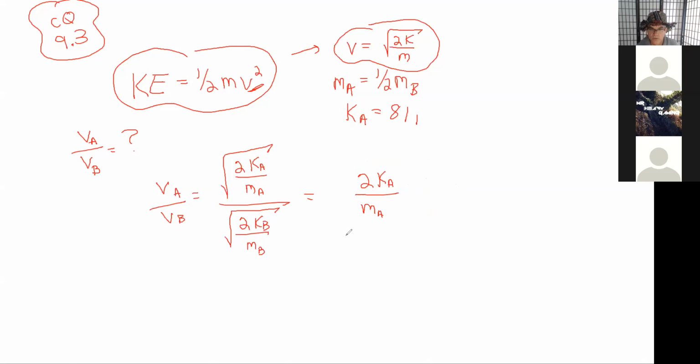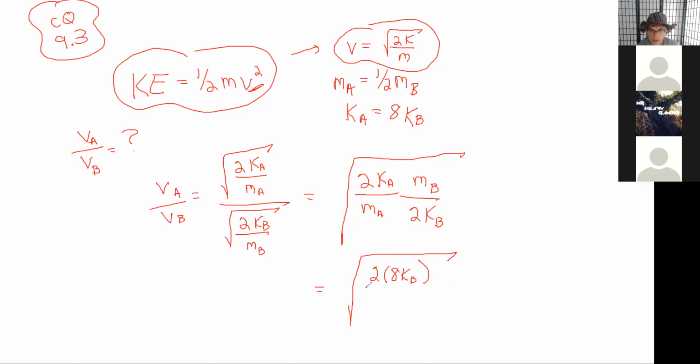Okay, so this was mB over 2 times the kinetic energy of B. The key here is that the kinetic energy of A is 8 times the kinetic energy of B, and the mass of A is 1/2 the mass of B. So I replace those, and over here I've got the mass of B over 2 times the kinetic energy of B. Then all you have to do is simplify.